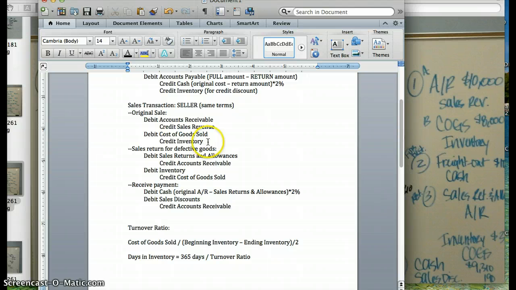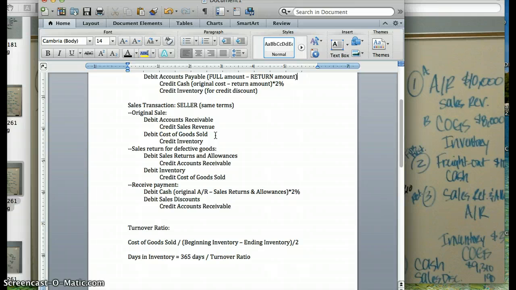The reason is that these two accounts must go together on this exam if you're doing it from the seller's point of view, because you don't know cost of goods sold without your inventory. Whatever the inventory is worth will be less than the sale. So let's say the sale was for $10,000.